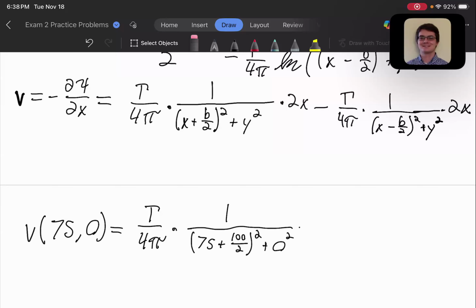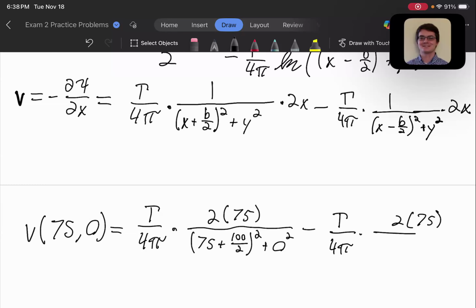I guess I'll move the times 2 to the numerator. Minus gamma over 4 pi times 75 minus 102 squared plus 0 squared.